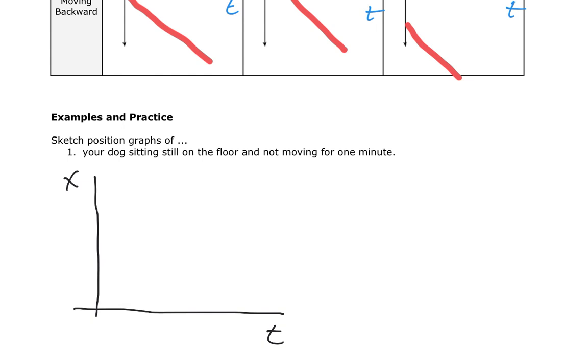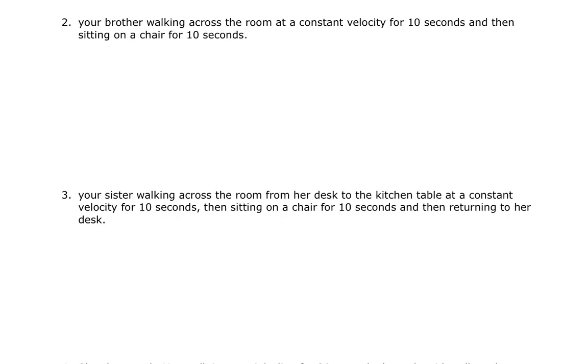Well, since there's no motion, I know I'm going to have a horizontal line. I'm not given any information for where the dog actually is in relation to an origin. I haven't even chosen an origin. So I'm just going to say, well, there it is. There's the dog sitting still on the floor for 1 minute. I'm just sketching it, so I'm not going to label any values anywhere.